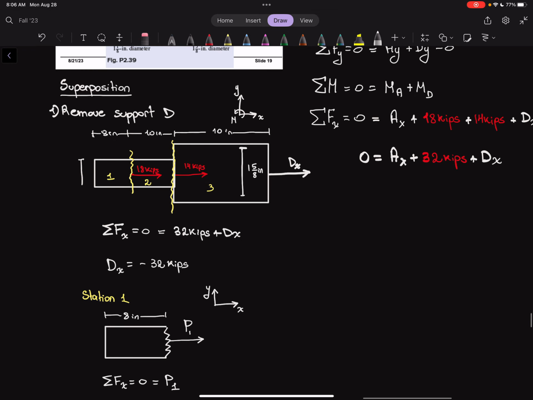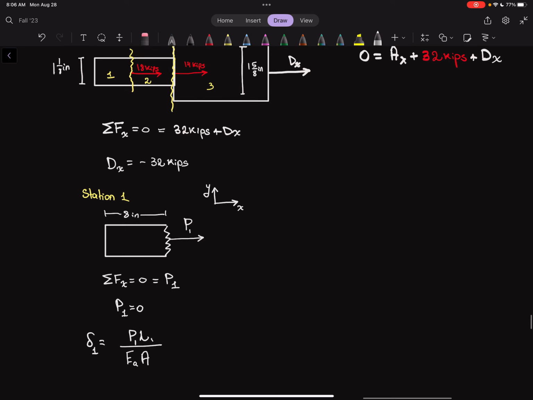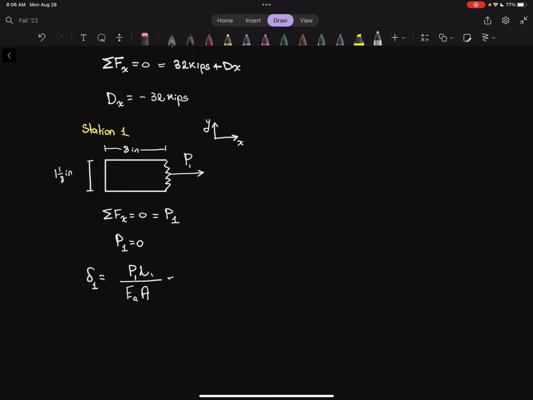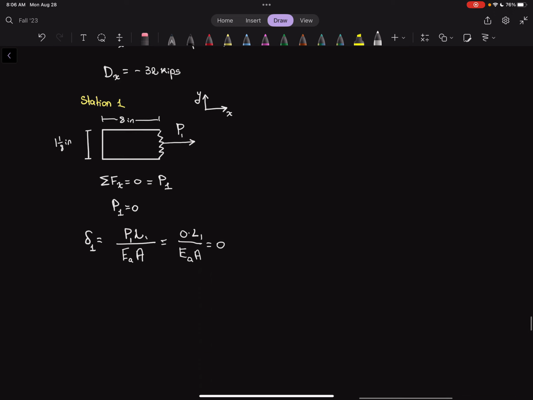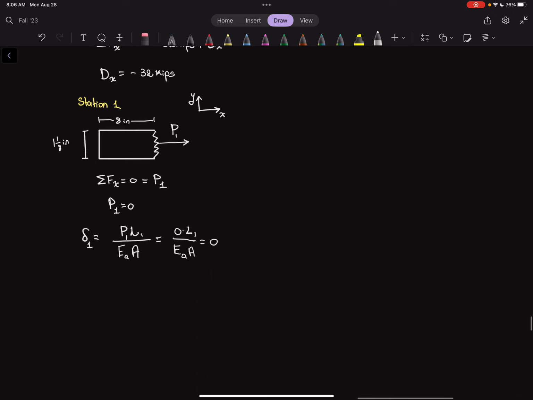So this is 1 1/8 inches. Same here, 1 1/8 inches. But now, since that is 0, it doesn't matter what these other things are. It's just going to be 0. So there's not going to be a deflection associated with station 1 for this specific free body diagram.